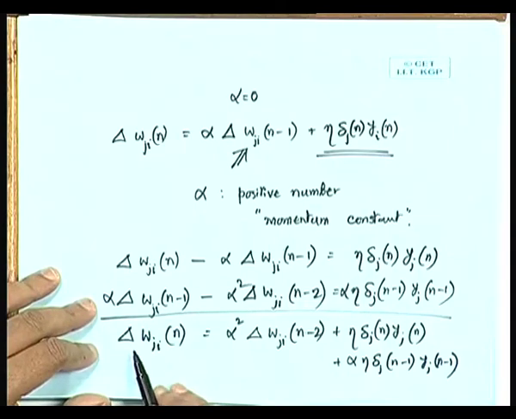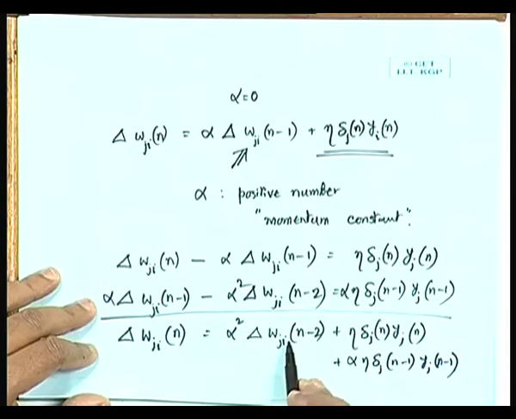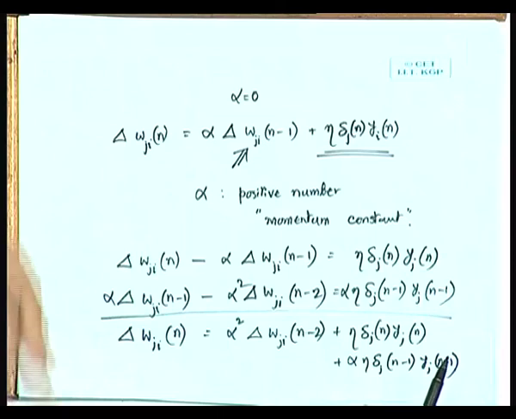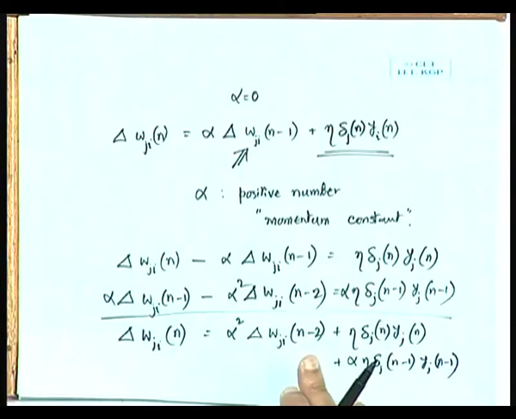Then it would have been delta Wji(n) equal to alpha cube of delta Wji(n minus 3) plus eta terms of this, alpha into eta terms of this, plus alpha square into eta terms of this. Now, ultimately you reach what? Alpha to the power n delta Wji(0). And what is delta Wji(0)? It is 0. So, this term ultimately does not remain.